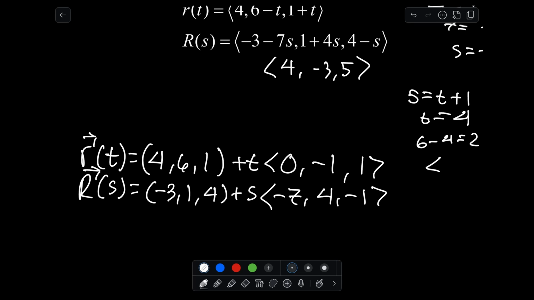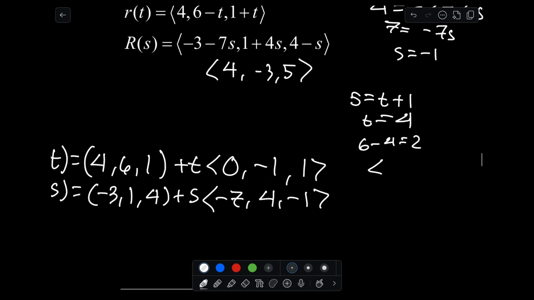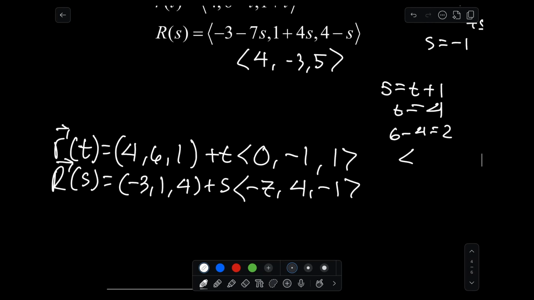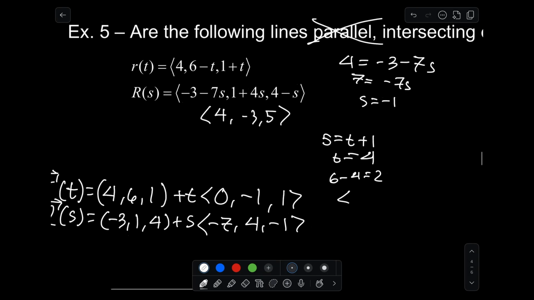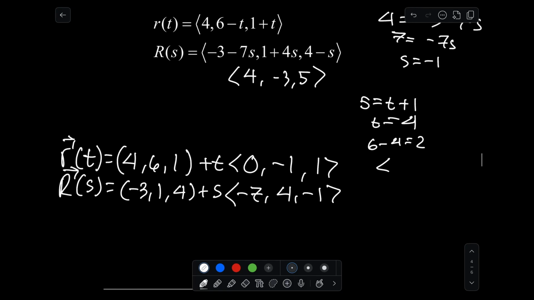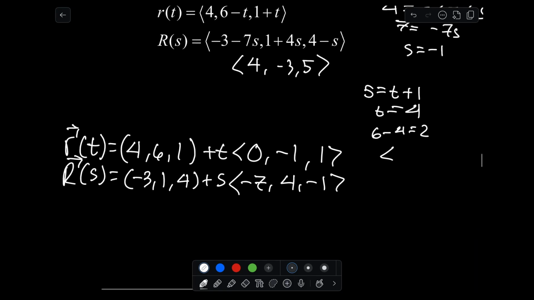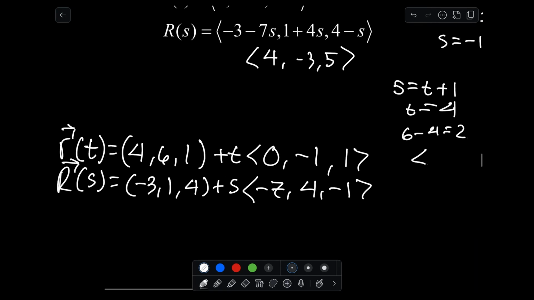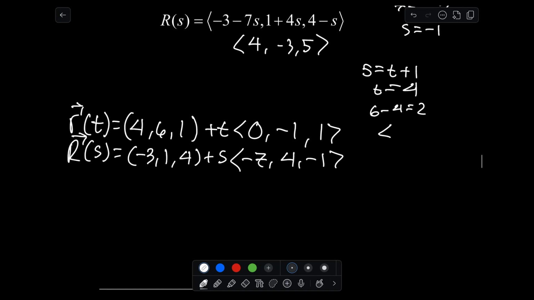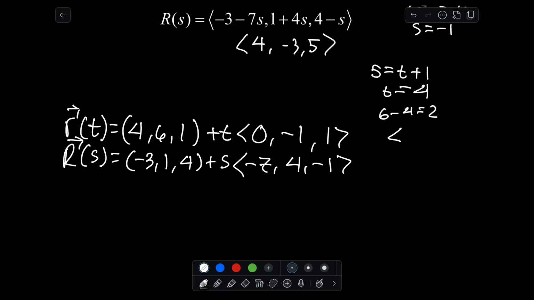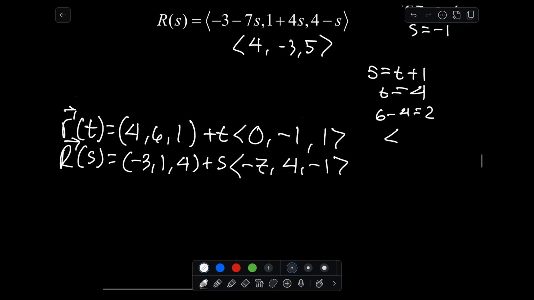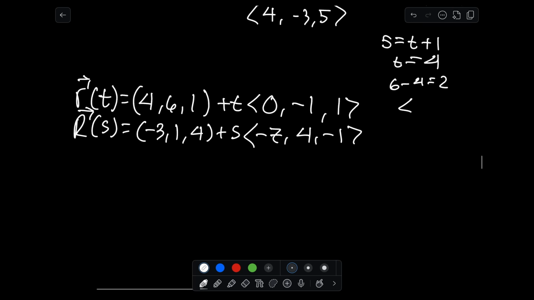What we can do is, we already solved for our s value to be negative 1, right? So now we can try and solve for something else that they would have in common. We know that s equals negative 1 is where they would meet there. If we plug in negative 1 into here, let's see what we would get.